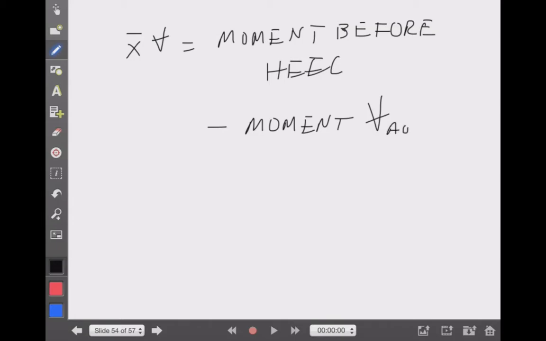It looks like a triangle in our figure because it's two-dimensional. And then it's plus the positive moment of this volume on the right.